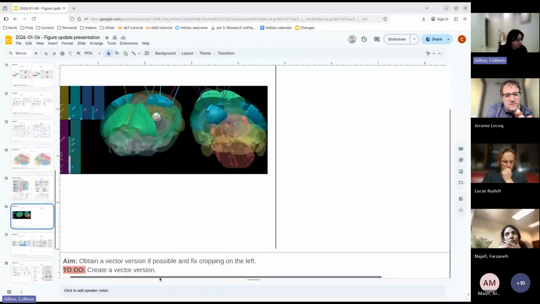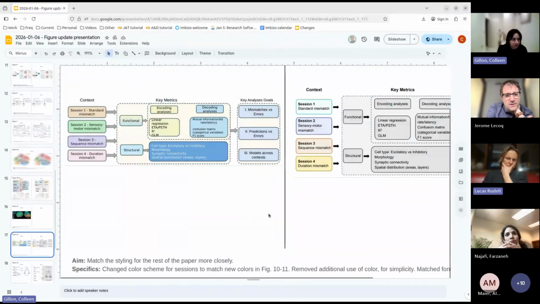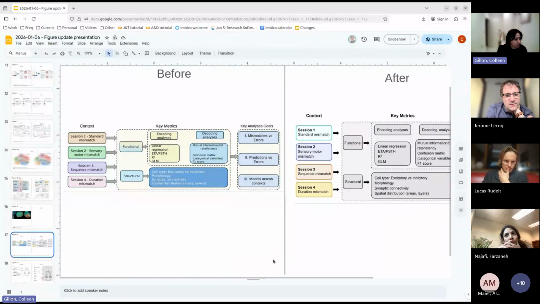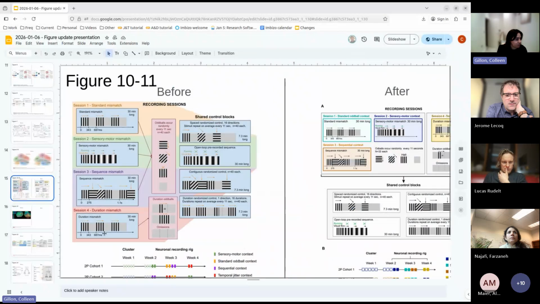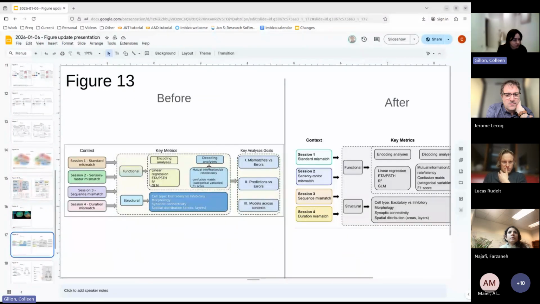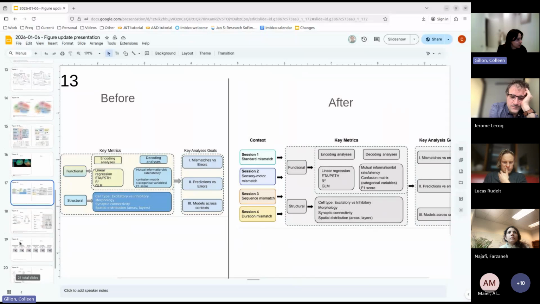The Neuropixels figure will be kept almost as is, with just a little visual fix. This was Kareem's figure, which we have kept almost as is. We did remove some colors for simplicity, and then we changed the colors here to match our updated colors from the figure that the original colors were borrowed from. So 10, 11 matches 13. The rest has been kept the same, just font changes.